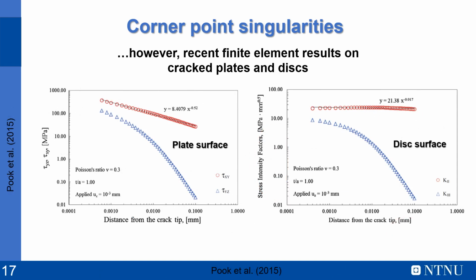However, recent finite element results on cracked plates and disks have shown that the stress component tau yz is not a straight line on a log-log plot, leading to a stress intensity factor which varies from values of about 0 far away from the crack tip to higher, finite values near the crack tip.